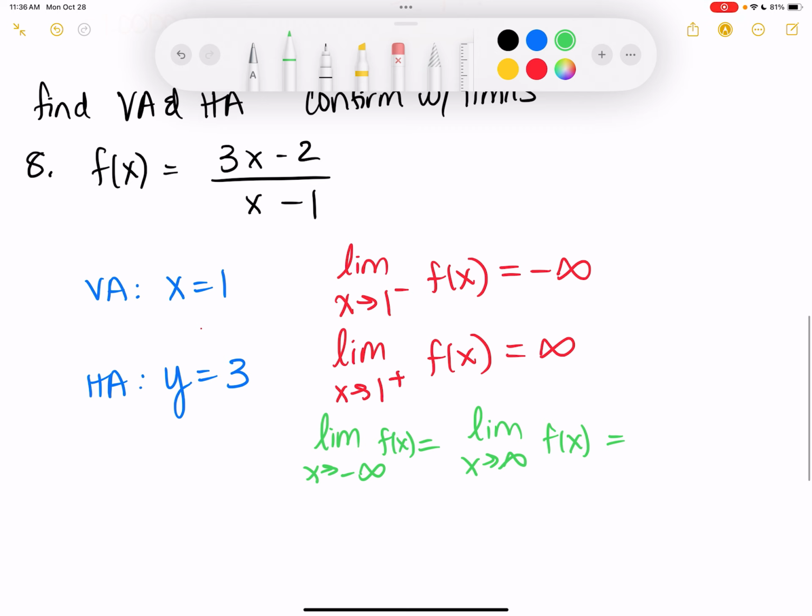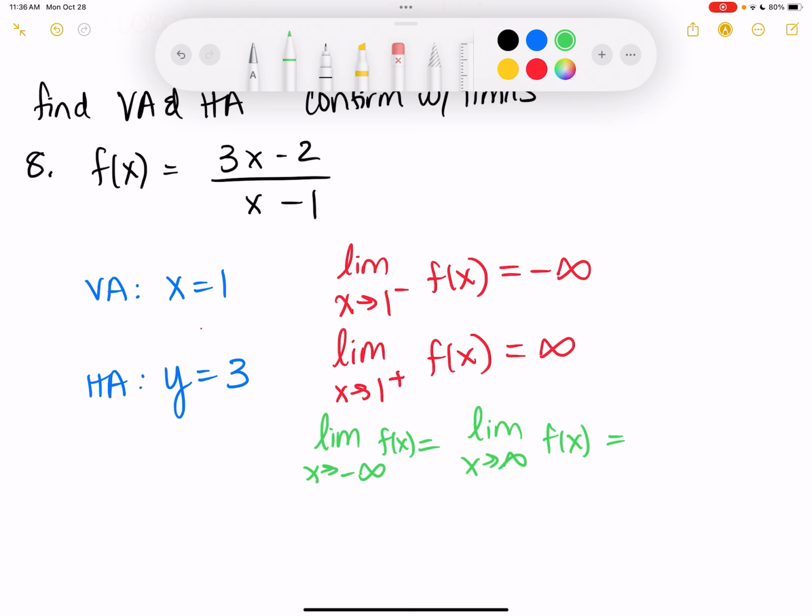If I were to plug in a really, really big number, or a really, really small number, if you want to say that, negative infinity is technically really small, all I need to look at is these first terms. At a number like infinity, adding or subtracting things like 2 or 1 or even 25 are not going to change anything. So all I care about is the highest power term.